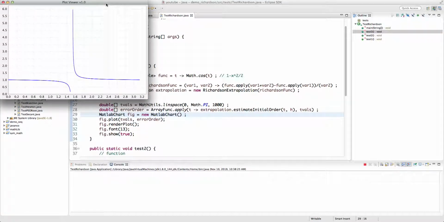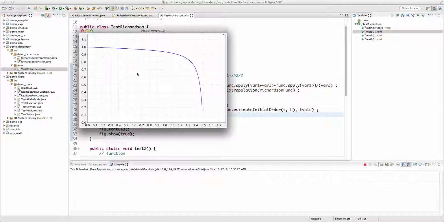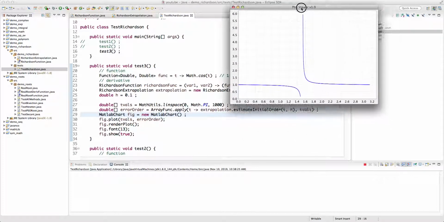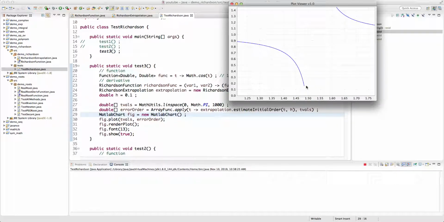Yeah, so what we see here is that when t becomes pi over 2, the error order goes up and goes down. So we have some sort of discontinuity here.